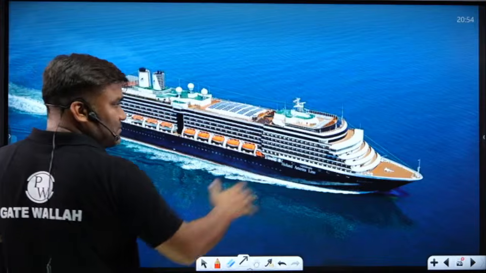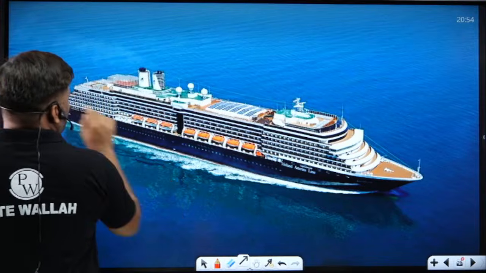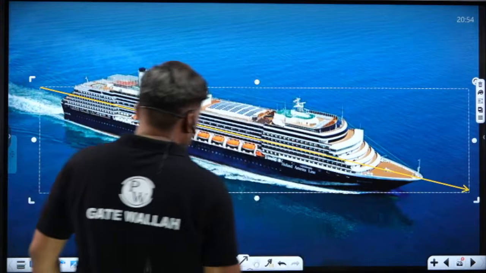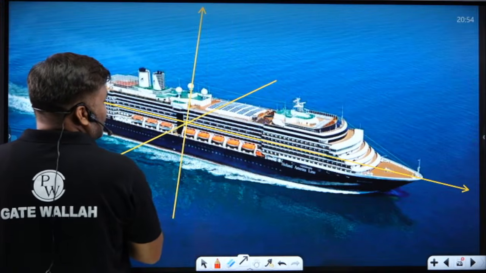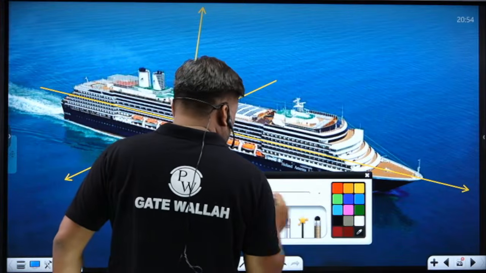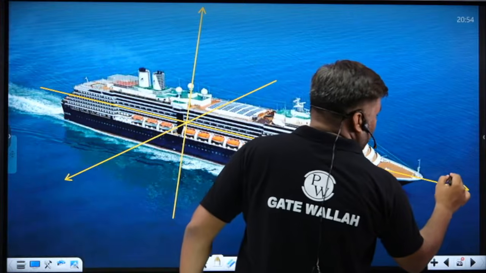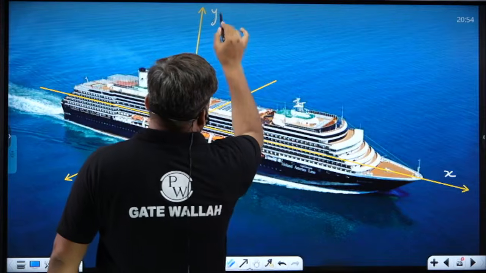So we have this big ship, and this is my x-axis, this is my y-axis, and this is my z-axis, beta.